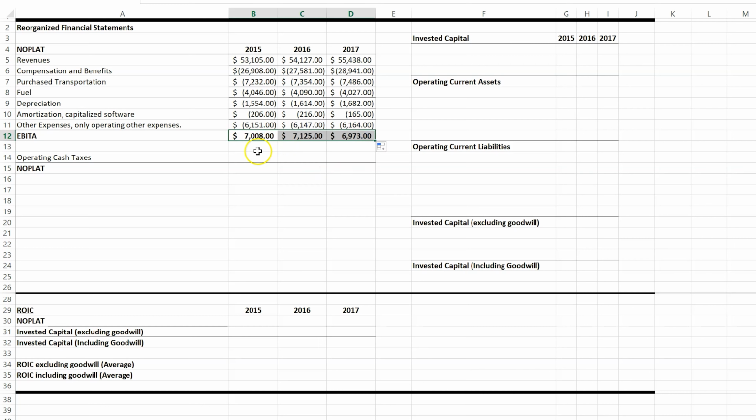Okay, so there's our EBITDA. We will multiply this by the operating tax rate to get operating cash taxes. And again, I'm not going to go into huge detail here because we will do this in a lot more detail in a later class. So I'm just going to show you what it is.